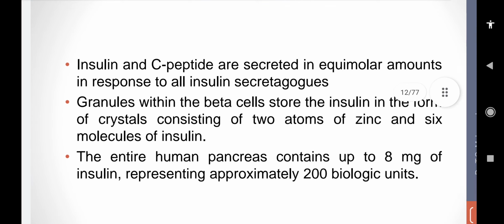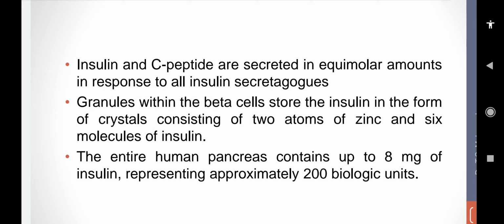Now what next? Insulin and C-peptide are secreted in the equimolar amount. That means that their molar concentrations are the same. In response to an insulin secretagogue, granules within the beta cells store the insulin in the form of crystals consisting of 2 atoms of zinc and 6 molecules of insulin.